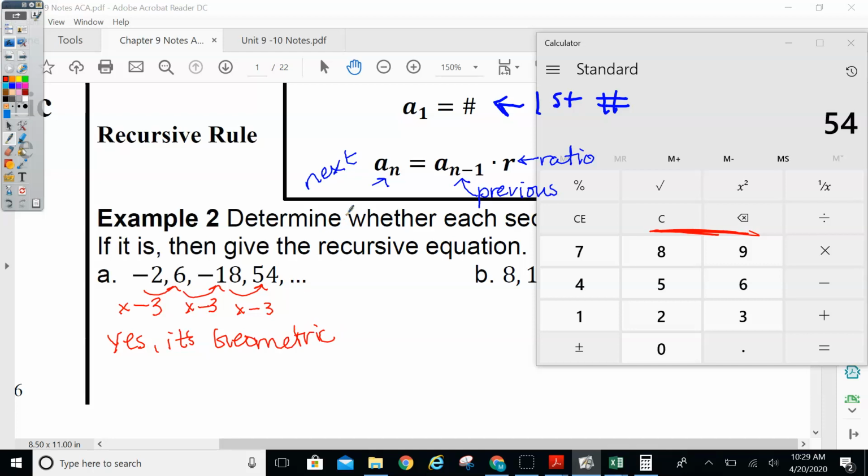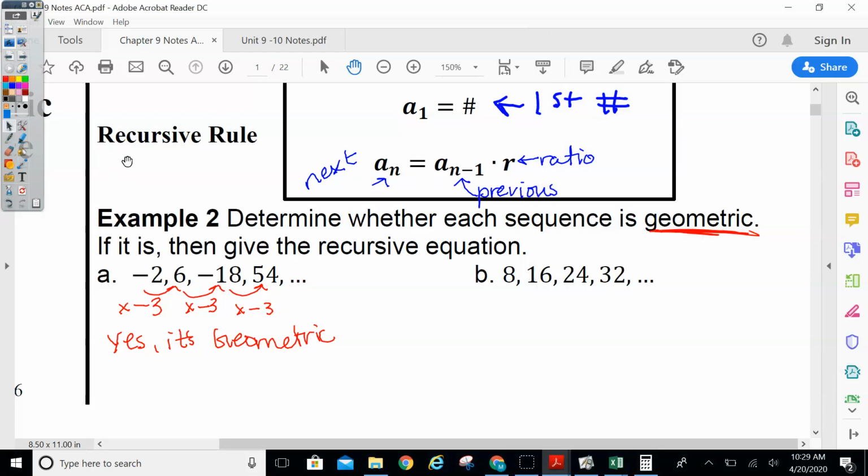And then for the recursive formula part, you always say what the first number is. So A1 equals the first number, which here is -2. And then you say, to get the next one, you take the previous one.